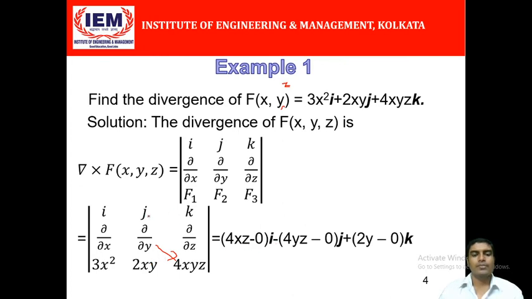For j it will be negative, and this one is 4yz, minus 0. For k, it is 2y minus 0. After simplification, I get 4xz i, minus 4yz j, plus 2y k.